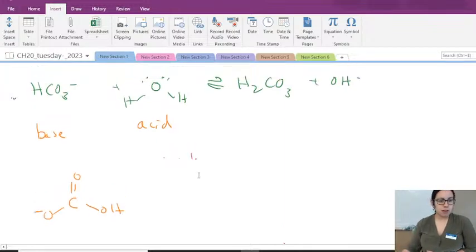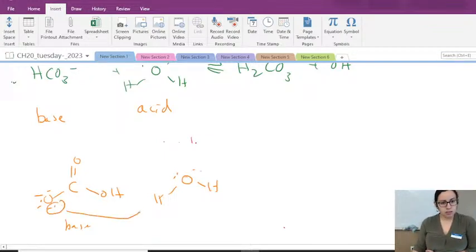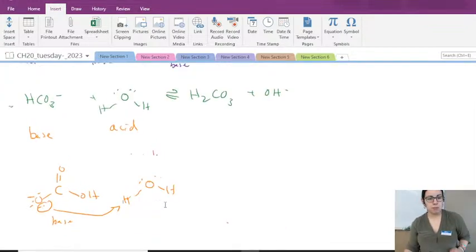So now we can write out our mechanism so we can understand what we're starting with. We can see this oxygen plucked off one of the hydrogens from our water. So we can clearly see how water is donating our proton.